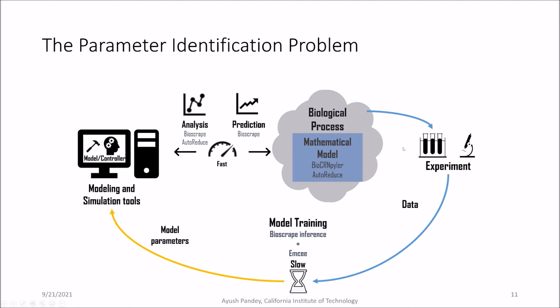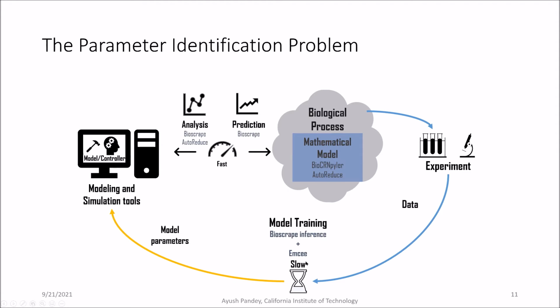If there is a biological process in the center here, and you create a mathematical model for that biological process using BioCompiler, as was discussed in part 1, or you reduce those dynamics and have a reduced model using AutoReduce, what you want to do now is to train that model according to the experimental data so that you can improve your analysis and prediction pipelines, as we were discussing for parameter sensitivity analysis. That's the part which completes the cycle.